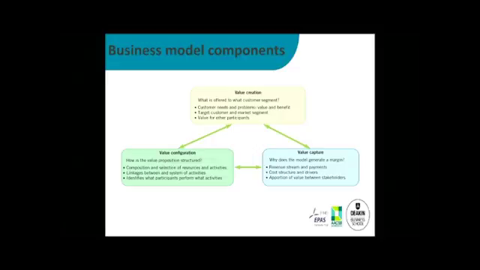Then we have to work out how we can configure it. Where is the value? Is it because you buy the handle but the razor blades are super high tech, or do you buy the super high tech handle and then to keep that high tech handle you've got to buy the razor blades which are low tech? And how do we arrange things so that people are prepared to pay for it? People are only prepared to pay so much for a razor blade.